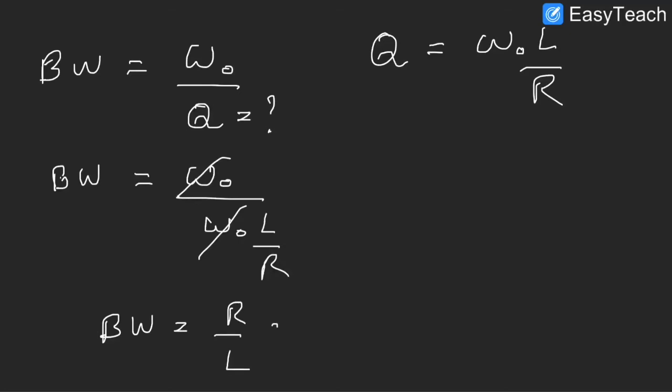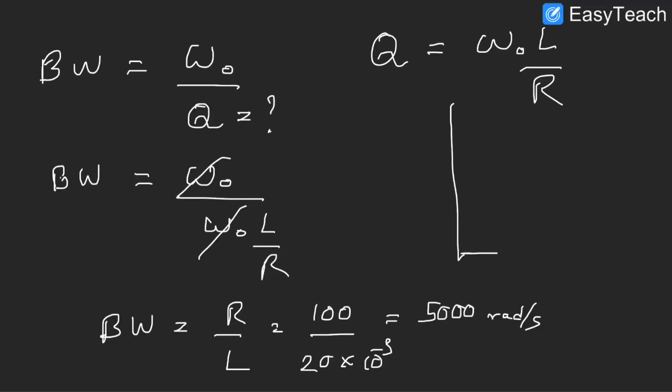My resistance in this circuit is 100 ohms and my inductance is 20 millihenry. So my bandwidth is going to be 5,000 radians per second. What that means is, in our resonance curve, the curve goes somewhat like this.